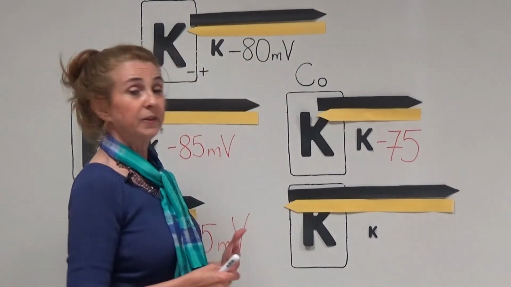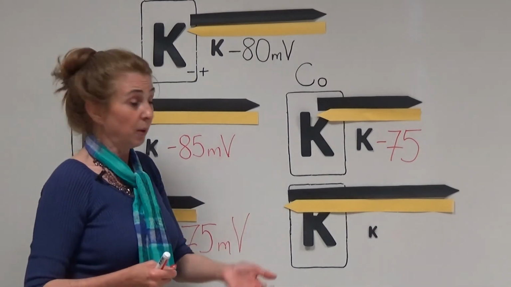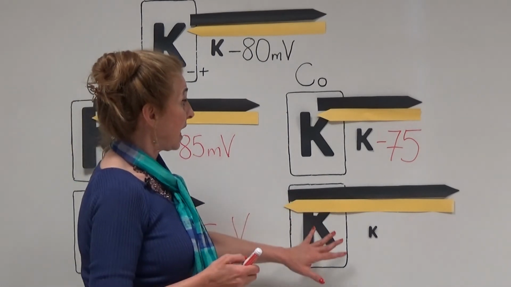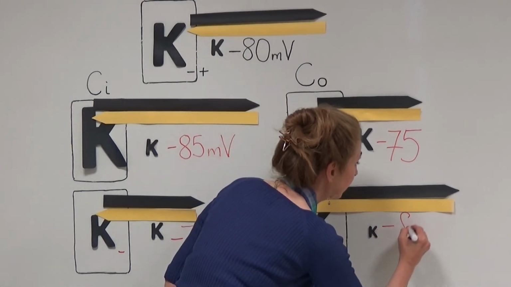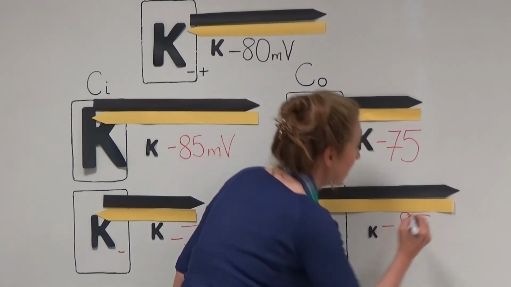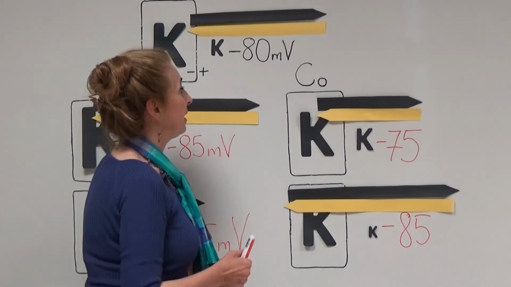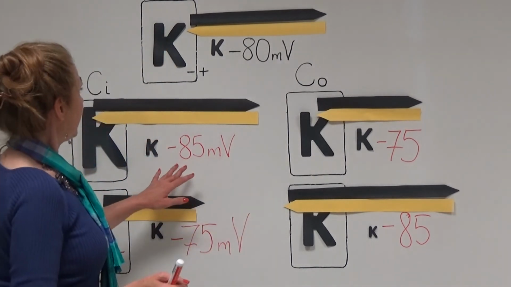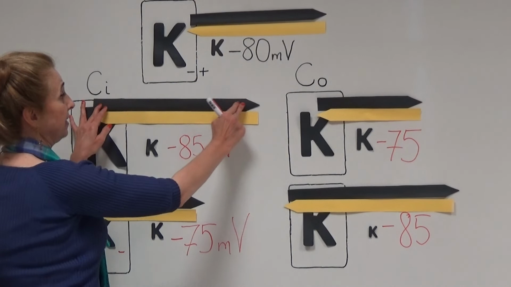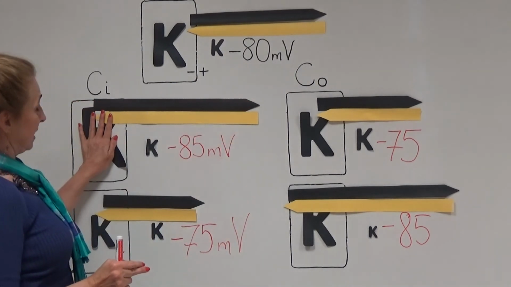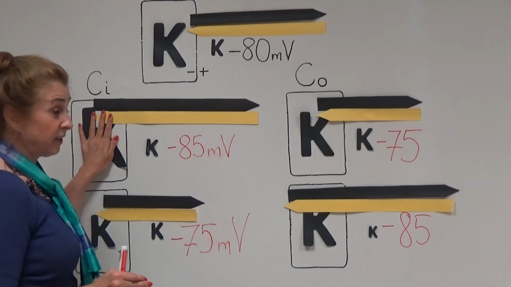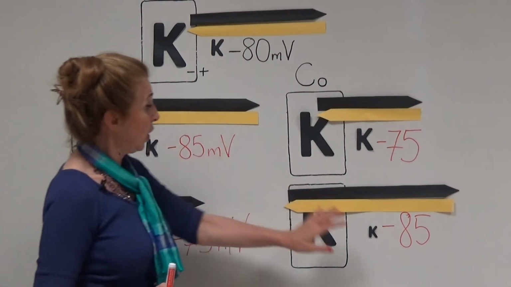But because Nernst potential is an electrical property, we better say that Nernst potential becomes more negative, something like minus 85 millivolts.